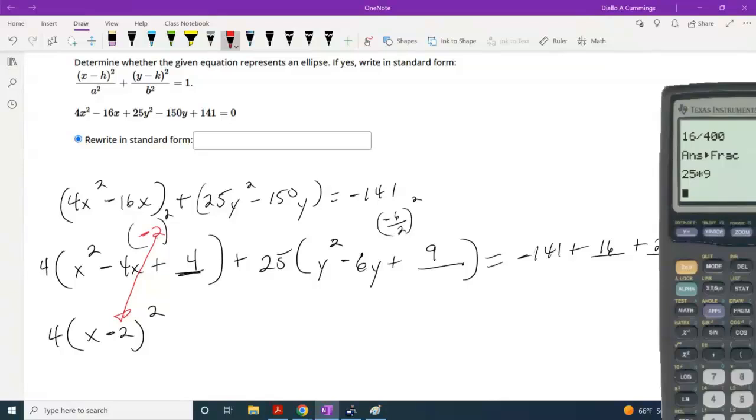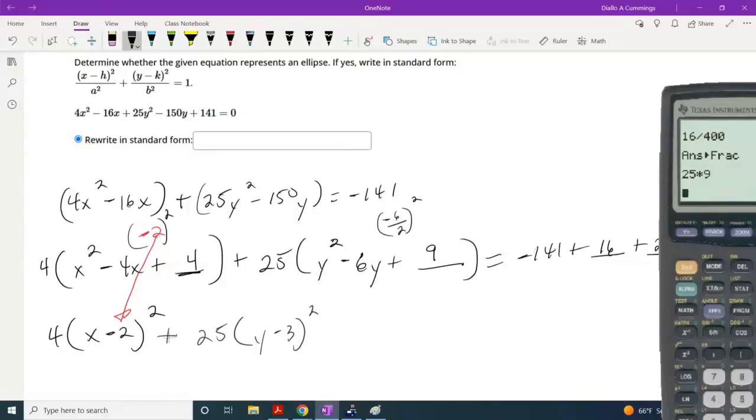If I factor the second term, that should be y minus 3 quantity squared.